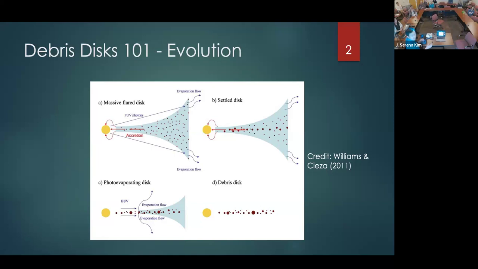And as time goes on, some of that gas starts to evaporate and dissipate, and the dust grains in your disk start to settle down more into the midplane of your system. This keeps going on until you've pretty much lost all of your gas, either due to photoevaporation or accretion. And what you're left with are the dust grains. And that's this debris disk stage that I'm going to be talking about.